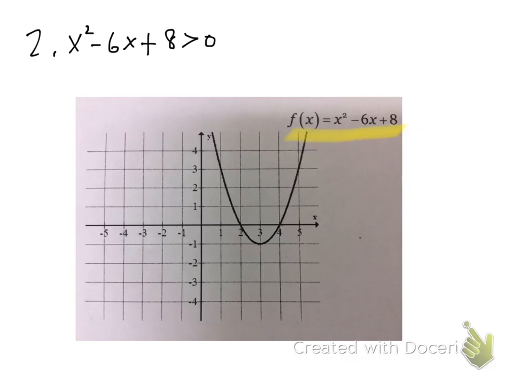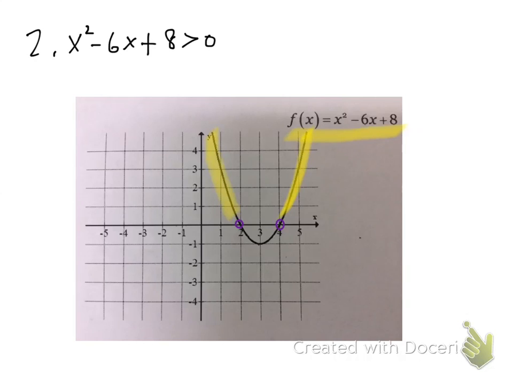That won't be part of our solution because there's no equal sign here. We're only interested in knowing when this expression is greater than 0. So let's go ahead and put in our points. Notice I'm using open circles because 2 and 4 are where this expression equals 0, which we're not including in our solution.